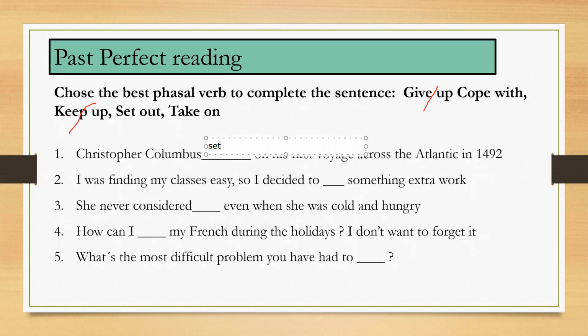The first one is set out. Christopher Columbus set out on his first voyage across the Atlantic in 1492. Él empezó su primer viaje a través del Atlántico en 1492, right? So, empezar un viaje, set out. Okay, very good.